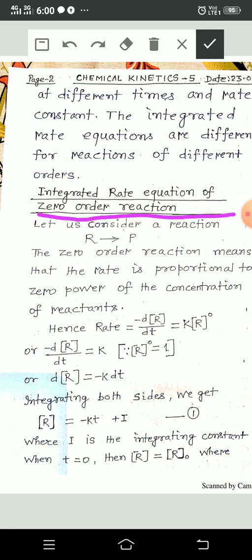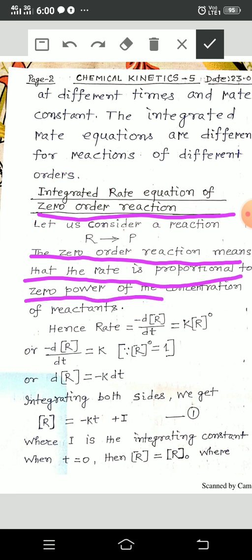The zero order reaction means that the rate is proportional to zero power of concentration of reactants.